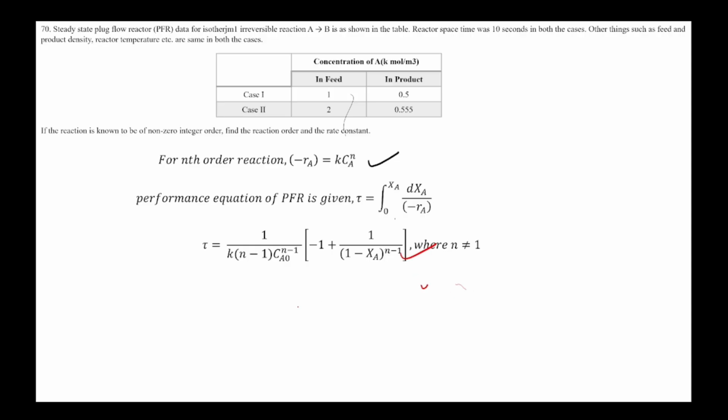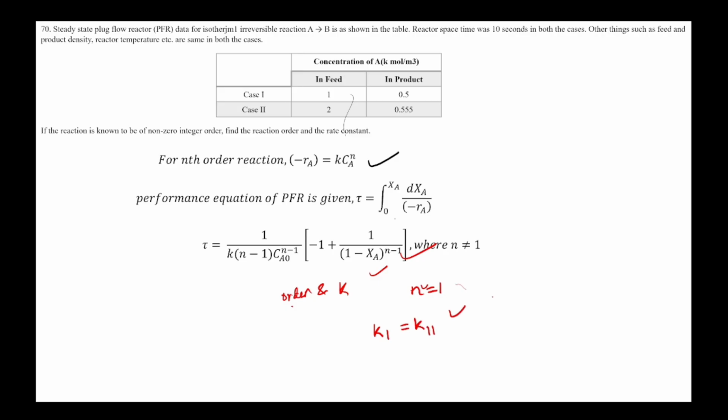Now our job is to find the order and rate constant. Suppose I take n equal to 1, then this equation reduces to some value, and I will find k in case 1 and k in case 2.